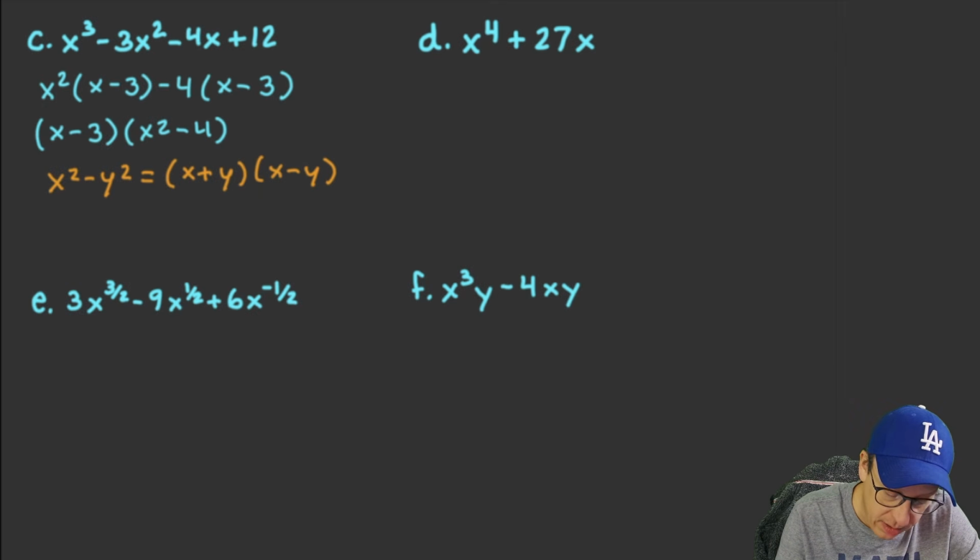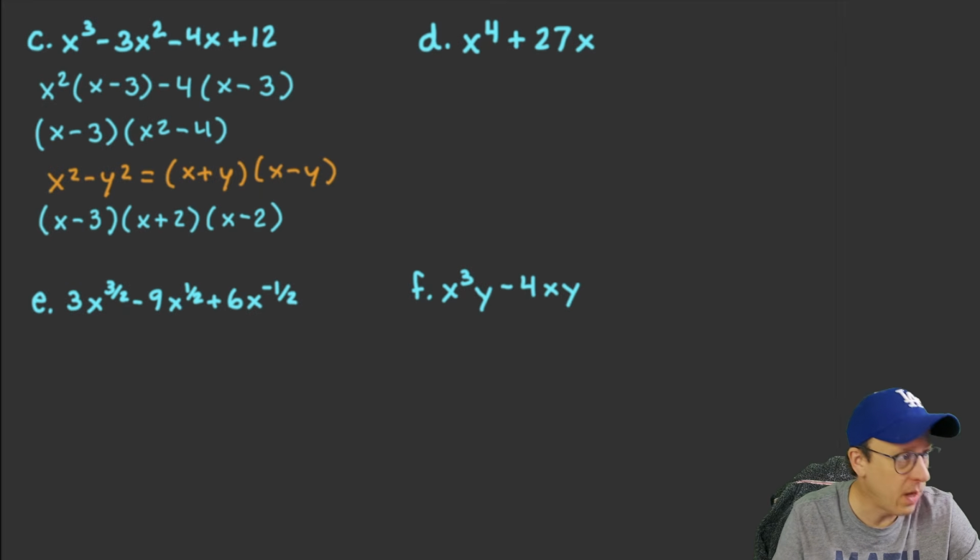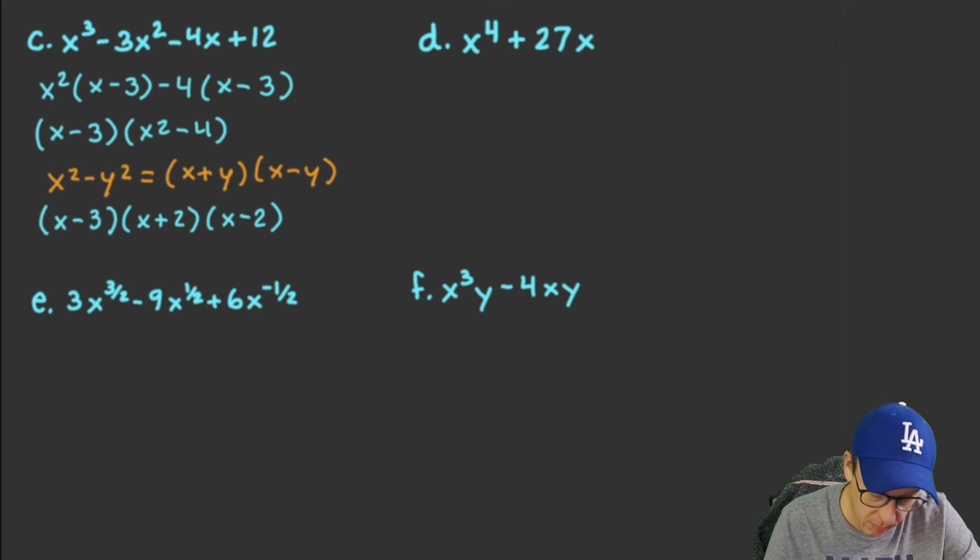And what that will allow us to in turn do is greatly expand upon this to turn this into x minus 3, x plus 2, and x minus 2. And there we are. Okay, so we'll move on to the next one.